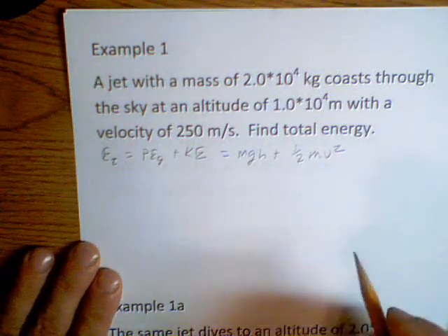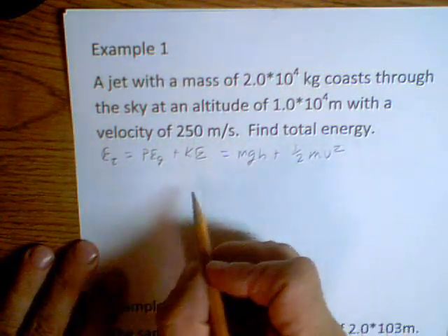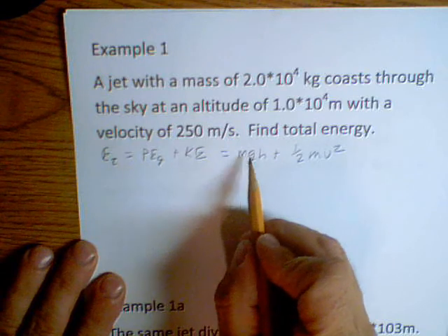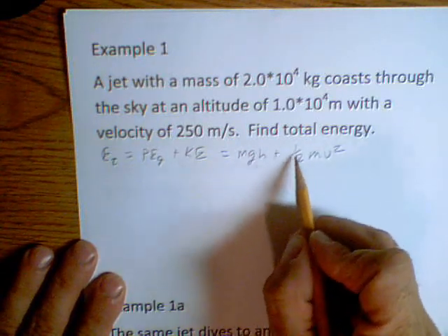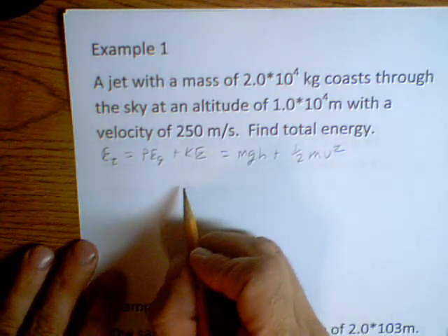And so those equations, as I just wrote them, are here. So we know the mass times gravity times height plus 1/2 mass times velocity squared.